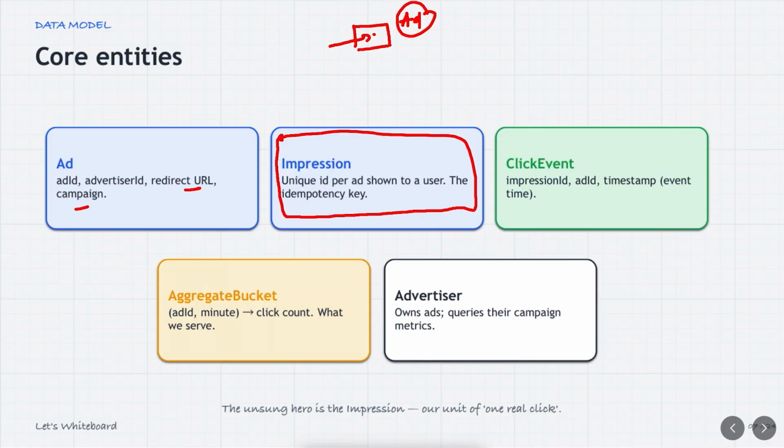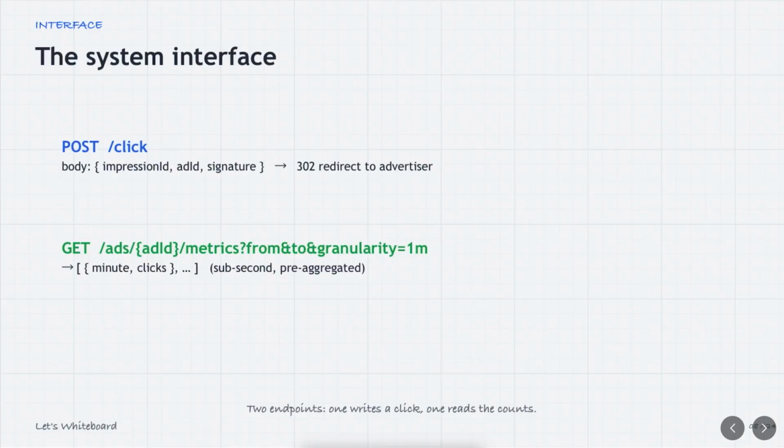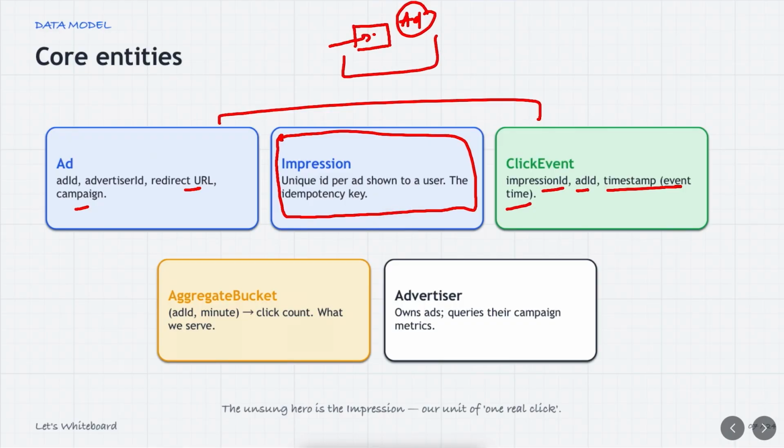And this is the click event. When a user clicks on that ad, the click event gets generated. It has the impression ID, the ad ID, the timestamp at which the click happened, and so on. So these three happen when the user clicks on that ad. We are still on the ad page, we have not moved forward.